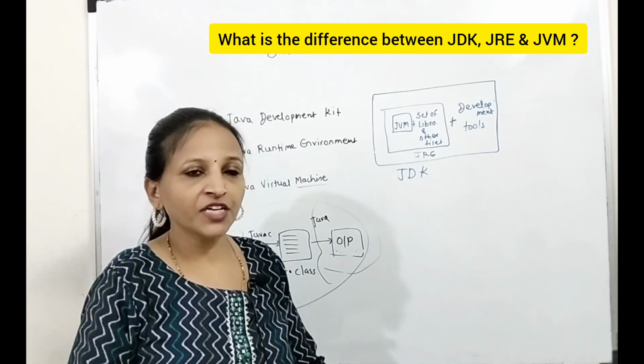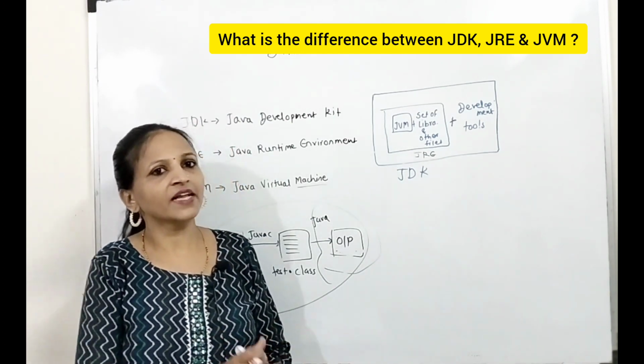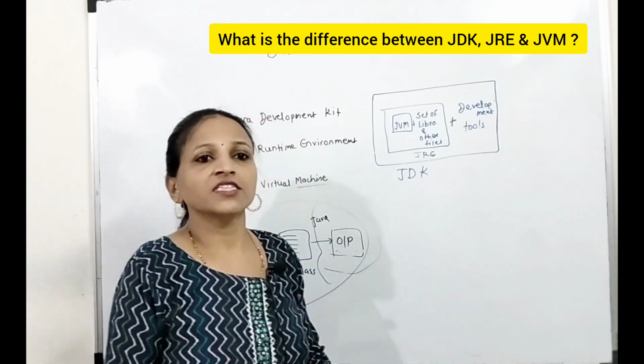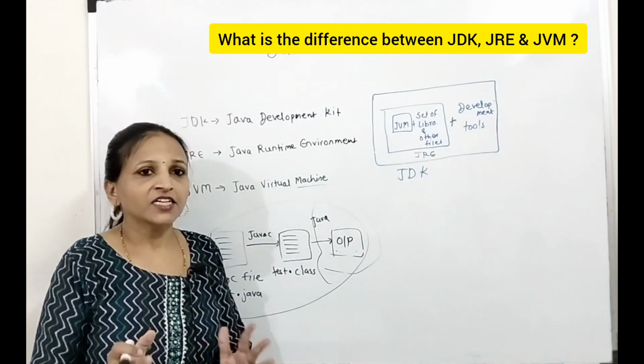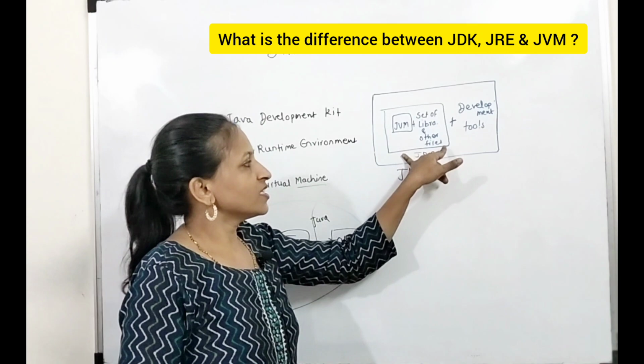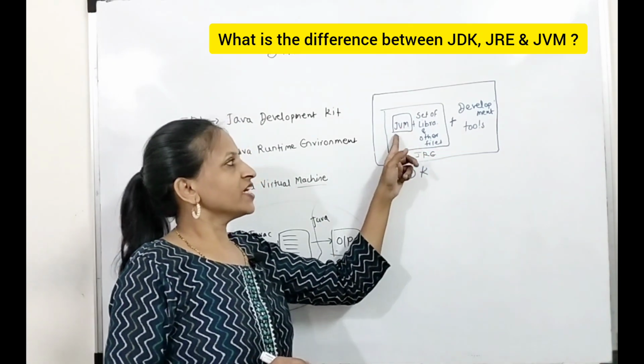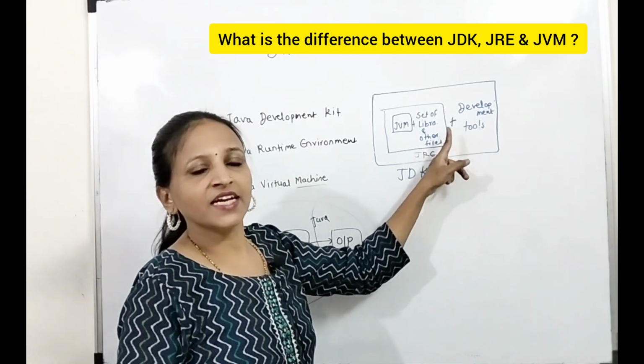If you need only the JRE, that is again available, and you can install it as a JRE package. That is only for execution on a client machine, on an end user system. JRE internally has JVM plus some set of libraries and other files.